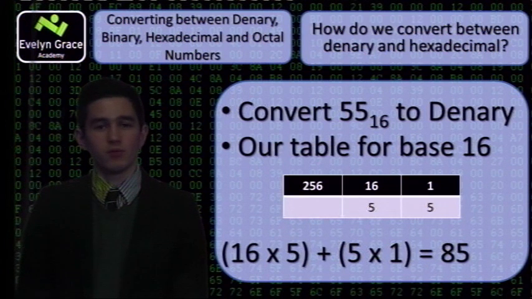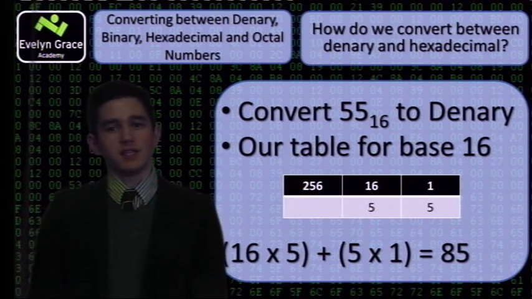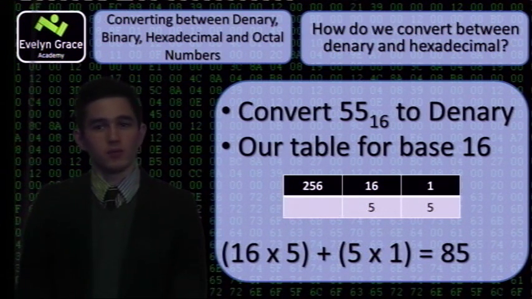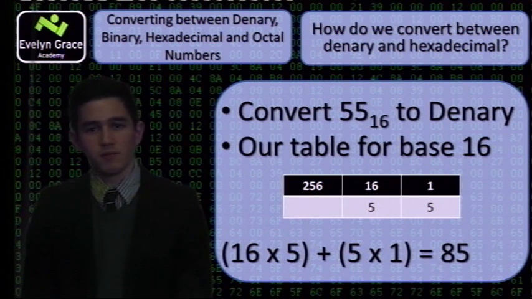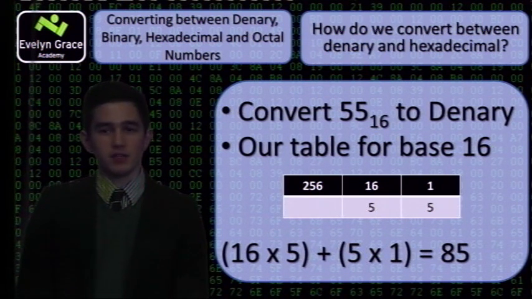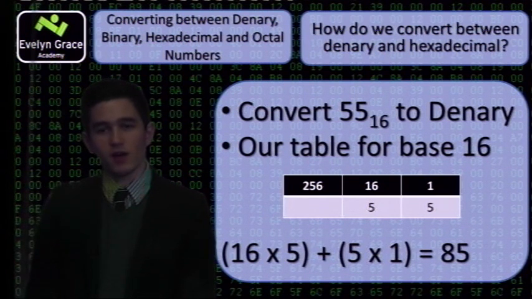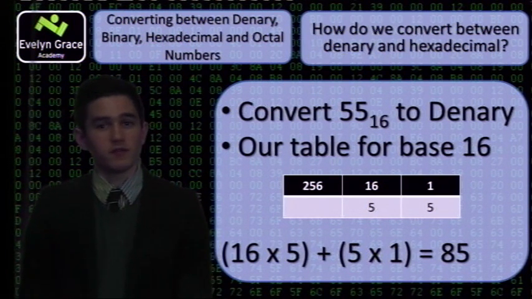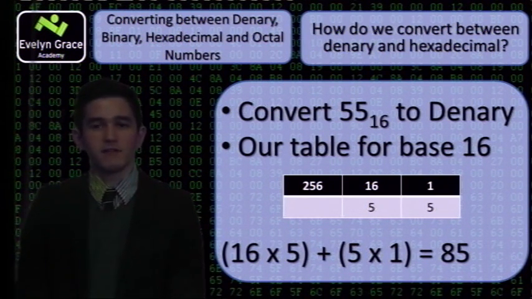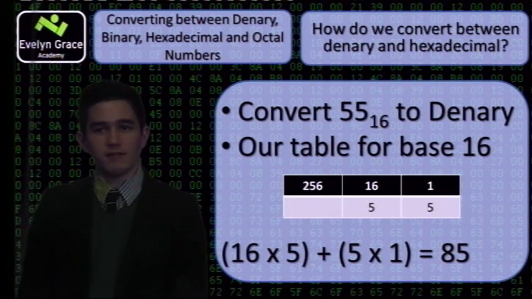So 1 times 16 is 16, then 16 times 16 is 256. It goes up times 16 each time. Now I put 55 into my table. Now I can see in the 16s column there are 5 lots, so I can do 5 times 16. And again 5 times 1. If I add all of that together, it will come up to 85.